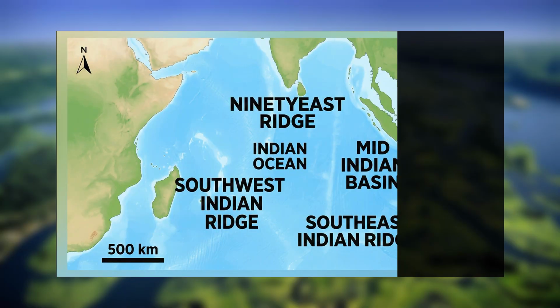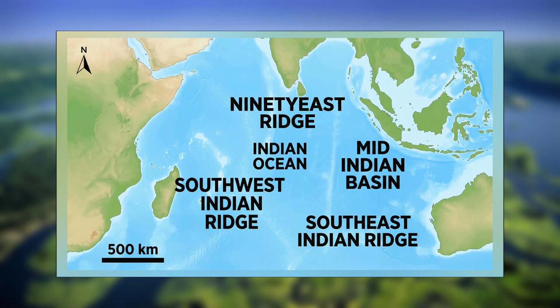The most extensive of all is the West Australian Basin, a broad rectangular depression enclosed by the Southeast Indian Ridge, the 90 East Ridge, and the continental shelf of Java, Sumatra, and Western Australia. Its depth varies from 3,600 to over 6,100 meters, with the central abyssal plain reaching 6,459 meters.